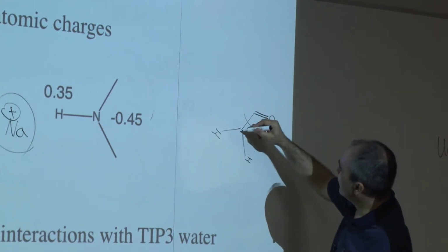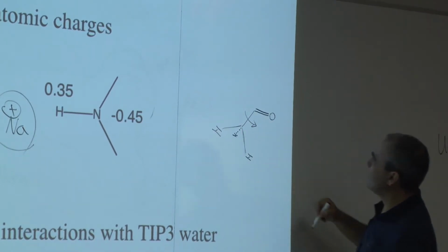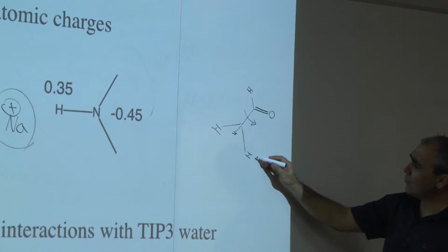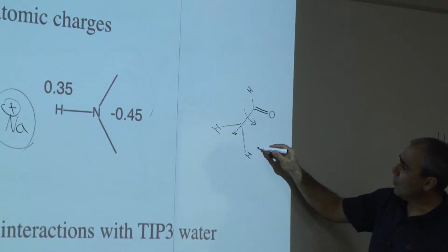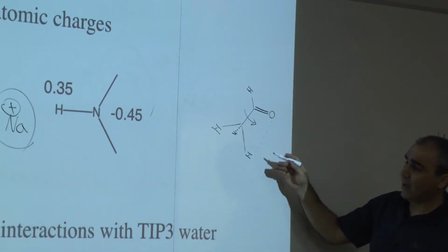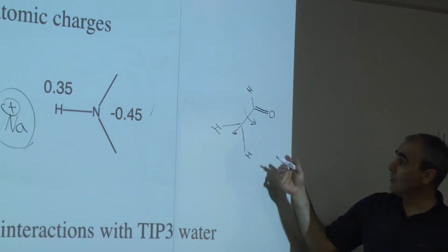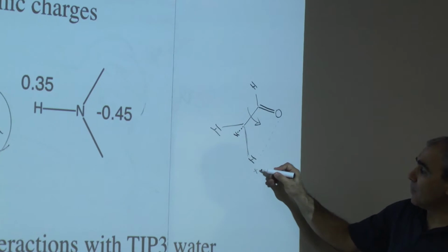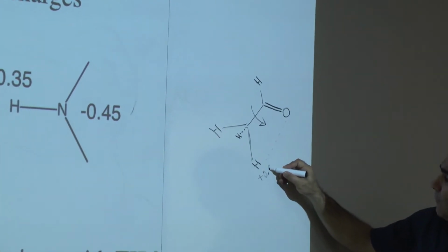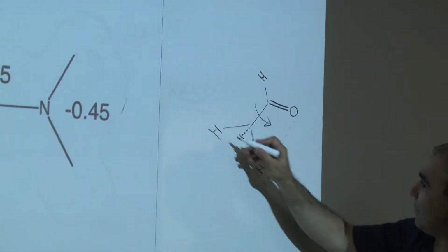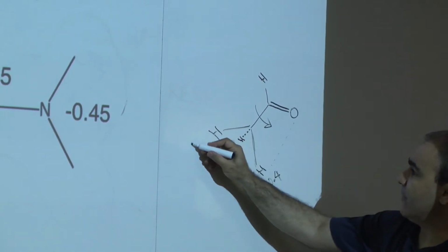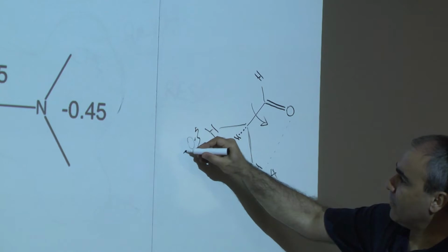I need another hydrogen back there, and maybe another hydrogen. So this hydrogen, if it's close to this oxygen, it can have a different charge because it's close to a negative charge. It will be more positive. Let's say it's going to be positive 0.4, for example. And if it's away from the oxygen, it can be less positive, let's say 0.3.